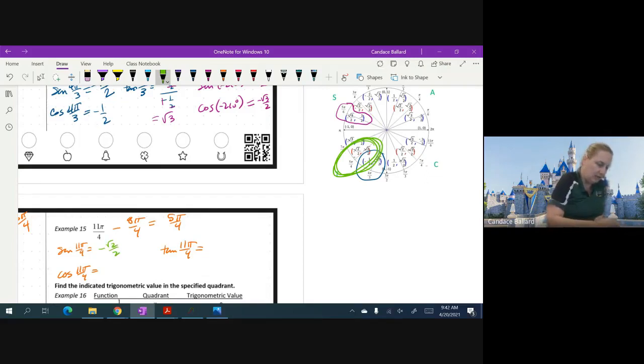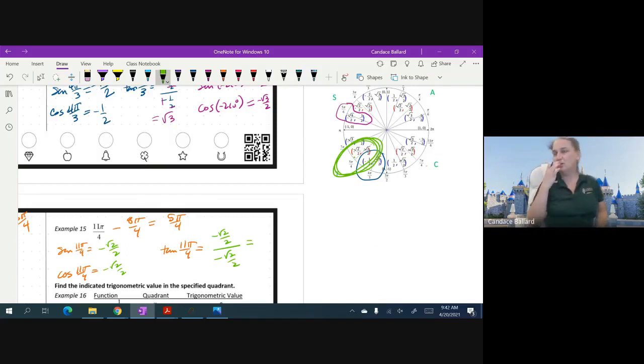The cosine is the x coordinate, so negative square root of 2/2. The tangent is the sine divided by the cosine, so negative square root of 2/2 divided by negative square root of 2/2. What does that simplify to? Can you tell me that in the chat? What does that simplify to? Nice work, everybody. Good job. Okay. That, in fact, equals 1.